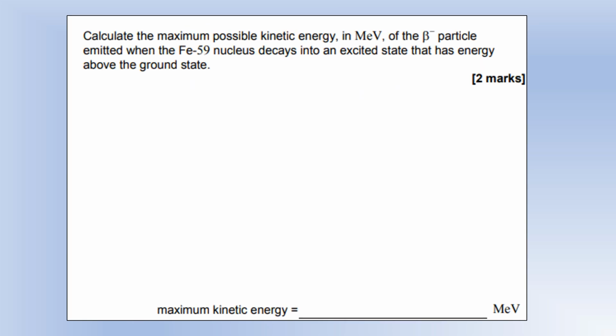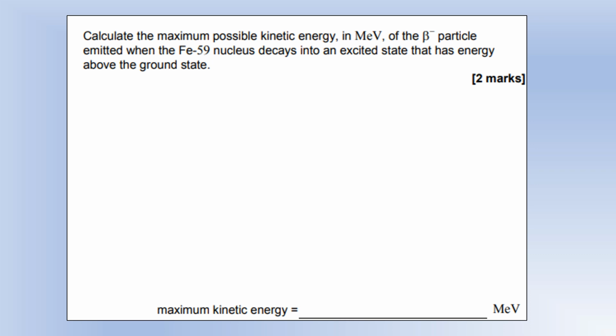Okay, so calculate the maximum possible kinetic energy in MeV of the beta minus particle emitted when the iron-59 nucleus decays into an excited state that has energy above ground state. So to have the maximum energy of beta minus particle, we're going to go into the n equals 2 level, so the excited state just above ground state.